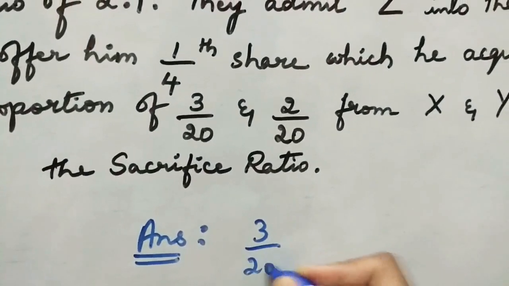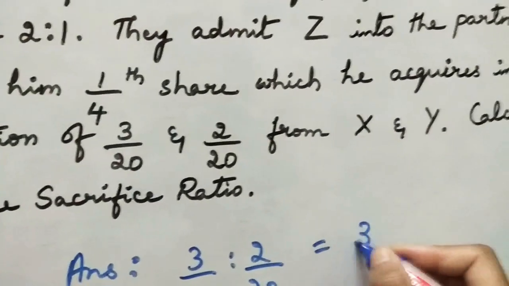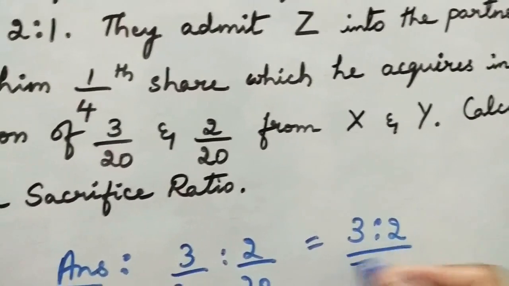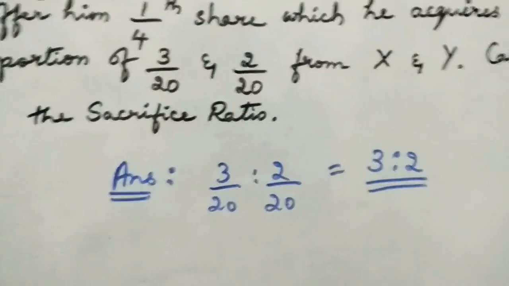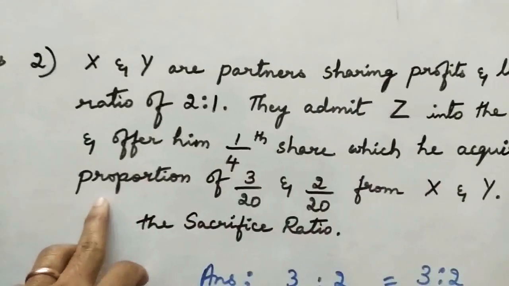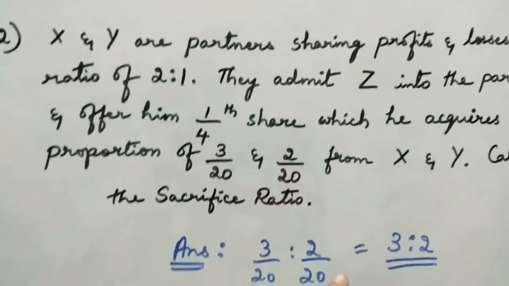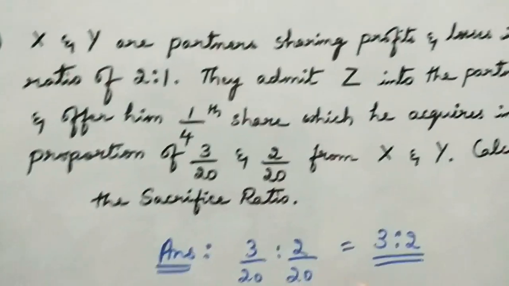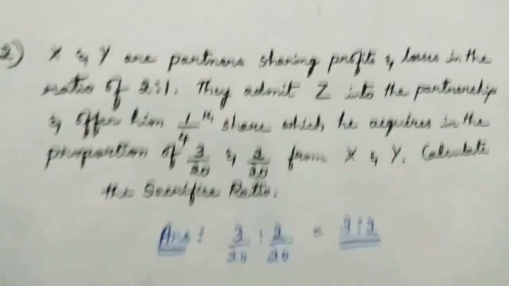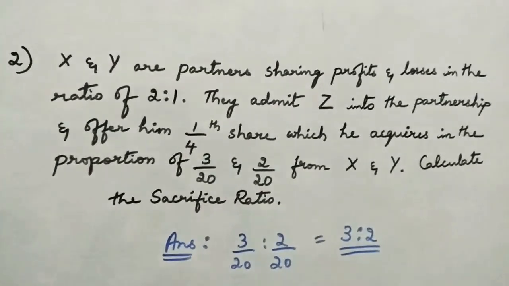So the answer is going to be 3/20 is to 2/20, which is equal to 3:2 because the denominator is same. So even if this type of question is given, just observe if they say that he acquires in the proportion of. So just take only the numerators and write them as the sacrifice ratio. This is sure to appear for 1 mark questions, objective types.